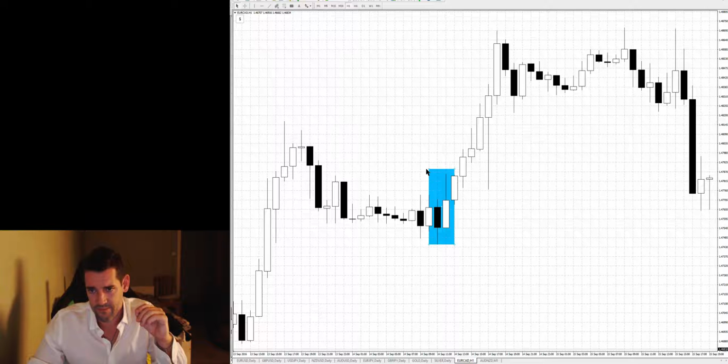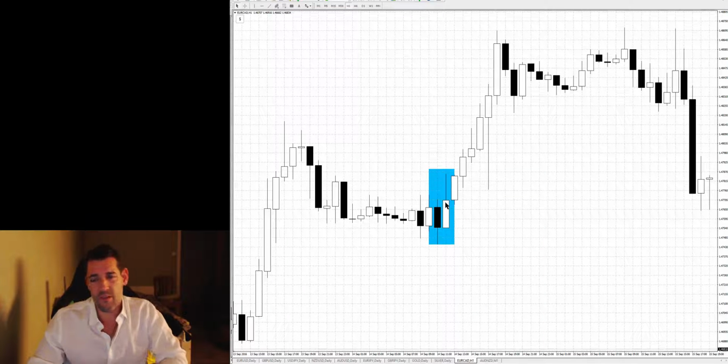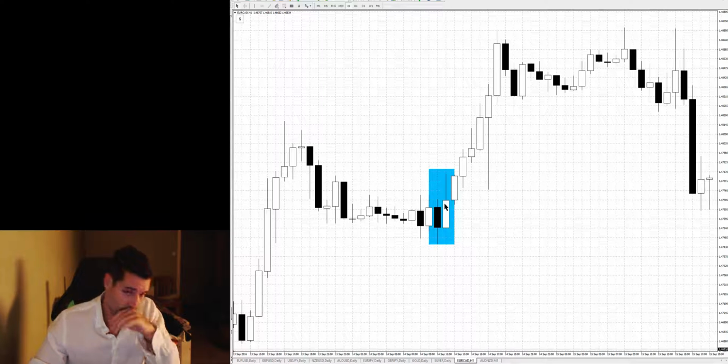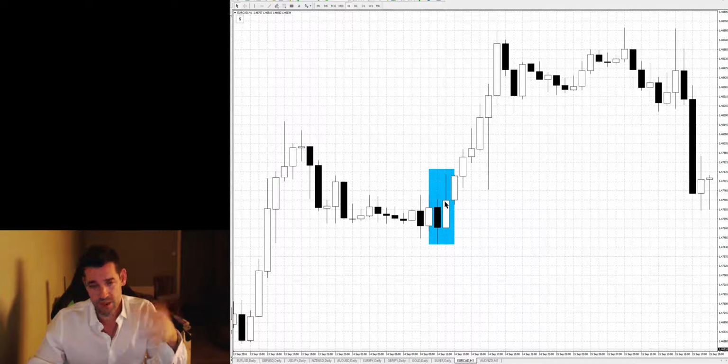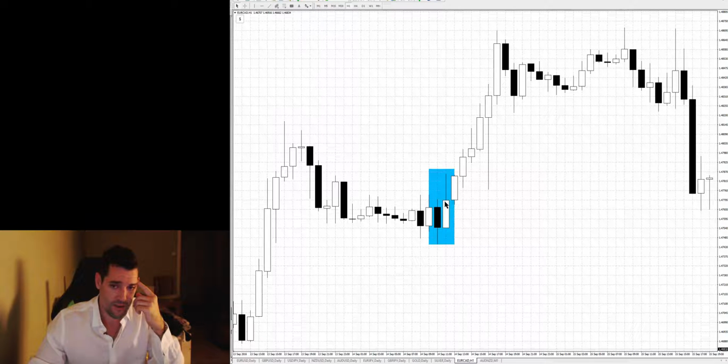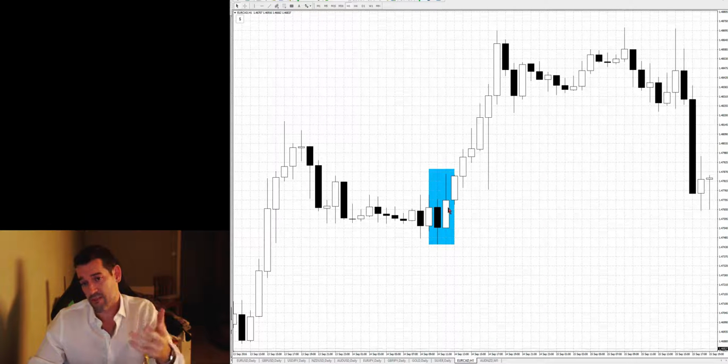Yeah. The black bar with the spike, and the white bar with the spike. This, according to the definition by the man who translated the formations, is an engulfing formation. What is it?